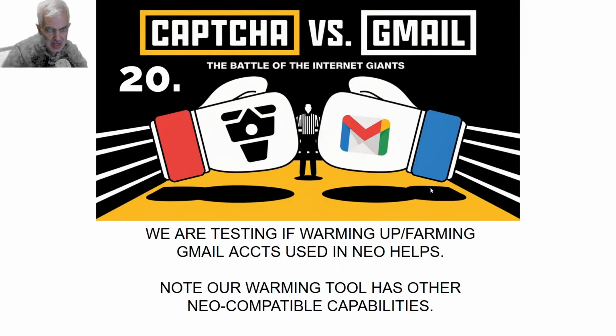20, Captcha versus Gmail. We are testing if warming up or farming Gmail accounts used in NEO helps. So basically, we have projects that are going on in similar niches, in similar areas, and we're comparing them to ones that are run on all warmed up accounts.